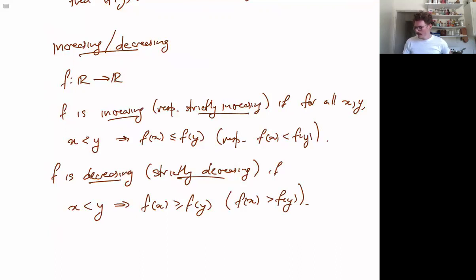So this inequality we keep the same, because this is just saying as we increase the input, what happens to the output? And in this case, the output decreases or strictly decreases.